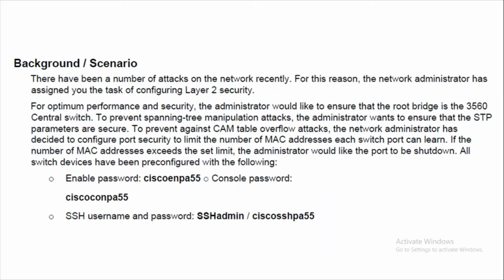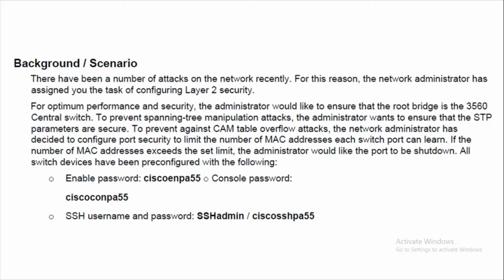We have to avoid that part also. So the network administrator has decided to configure port security to limit the number of MAC addresses, so that no bogus MAC addresses are allowed in the switch. If the number of MAC addresses exceeds the set limit, the administrator would like the port to be shut down. This is what we have to configure.